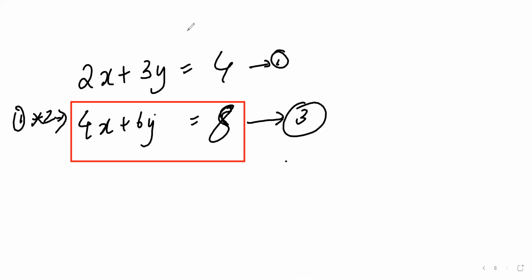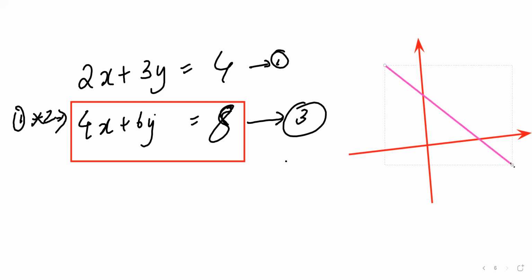So the point I wanted to tell you is, suppose I am drawing the graph here, we can only see what? One line.